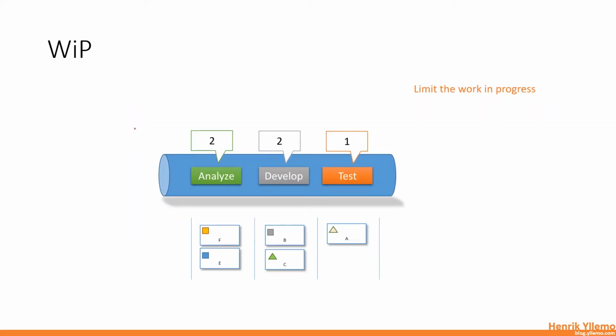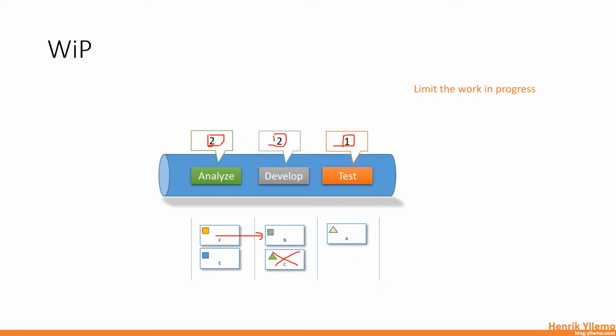In our example here, in our software development pipeline, we have put a work in progress limitation within each state: 2 within analysis, 2 within development, and 1 in the testing state. That means we can only have 2 cards or 2 tasks within each of the first 2 columns, and 1 in the last one. So if I want to move this card into this column, I can't do that unless I move some other card, maybe finishing that before.